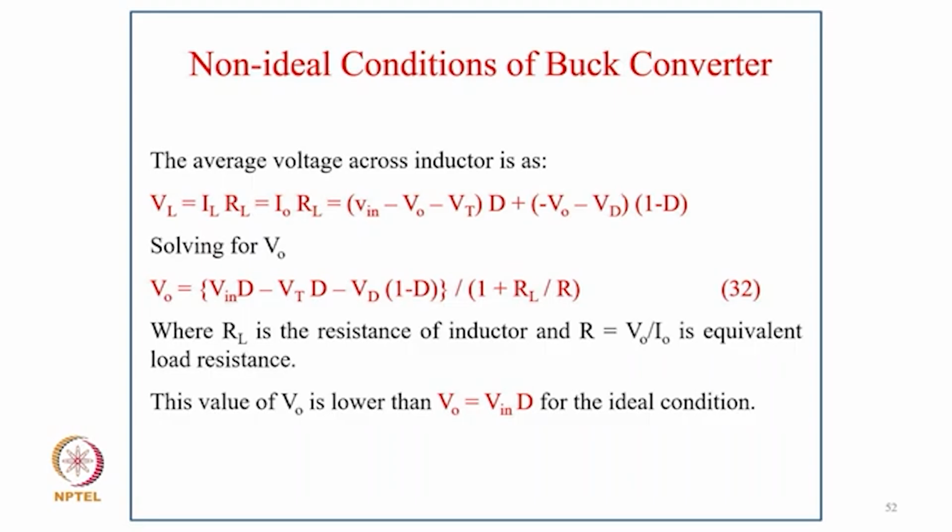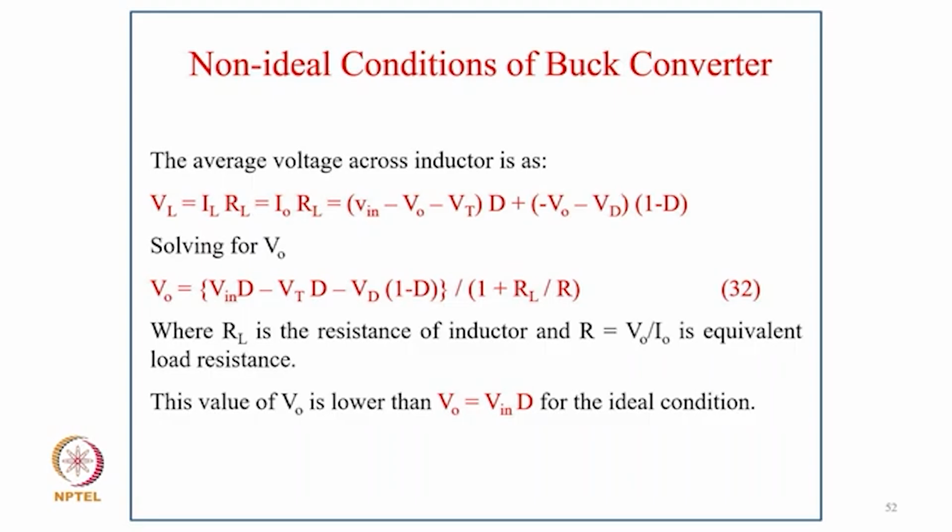Solving, VO will be (Vin into D minus Vt into D minus Vd into (1 minus D)) divided by (1 plus RL upon R). Now you can see the output voltage does not depend only on the duty cycle and input voltage, but it also depends on the diode drop as well as transistor switch drop as well as the inductor resistance, which certainly deviate from the ideal condition.